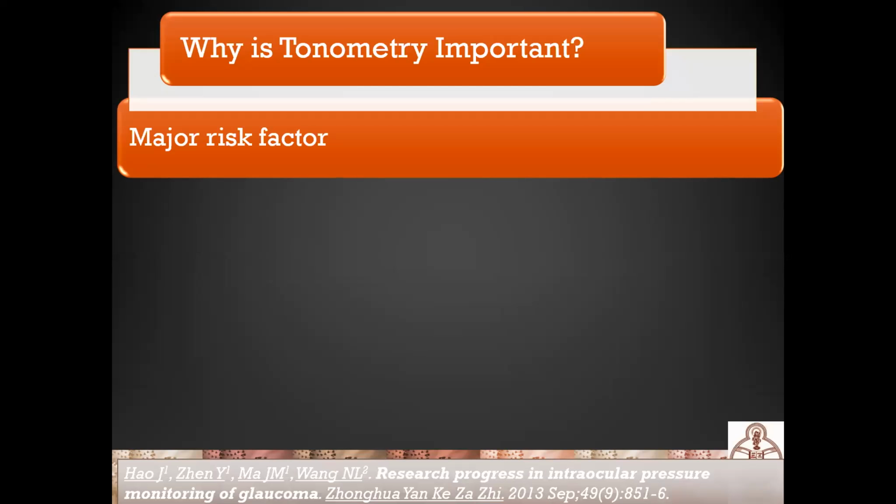Okay, fine. Thank you. So the question is, why is tonometry important? Now, if we see the definition of glaucoma, we know that the intraocular pressure is the most important risk factor. And that is why it is very important to measure the intraocular pressure. Intraocular pressure is the mainstay strategy of glaucoma management.